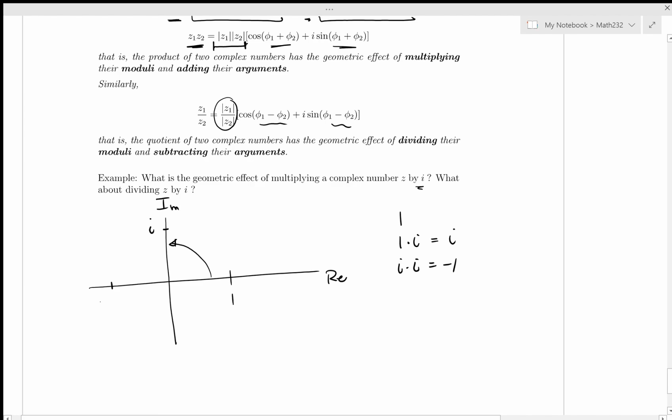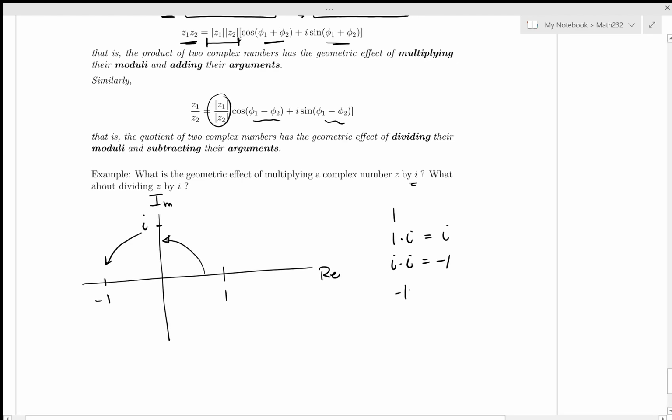That's here. So multiplying by i did it again, and rotated by 90 degrees. Now I take the minus 1, multiply by i, and I get minus i. That is here. So again I have rotated by 90 degrees, and I'm rotating in the counterclockwise direction.